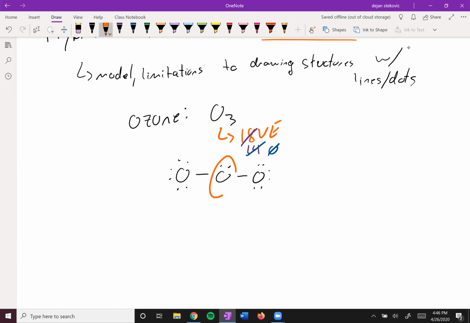This center oxygen needs 1 more bond to have an octet. We could pull it from here, or we could pull it from here. Let's see what happens when we do either.